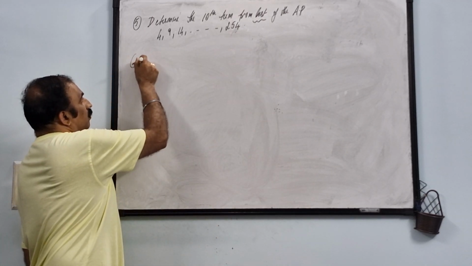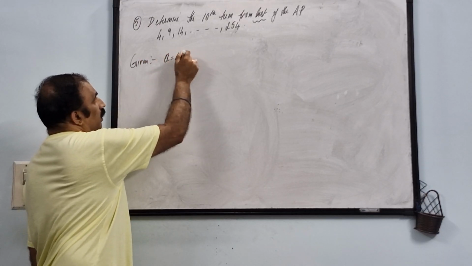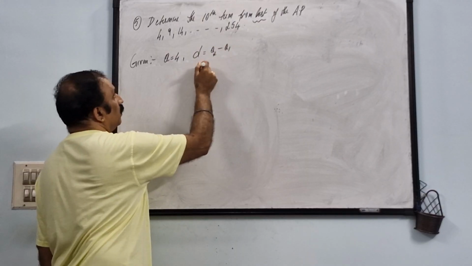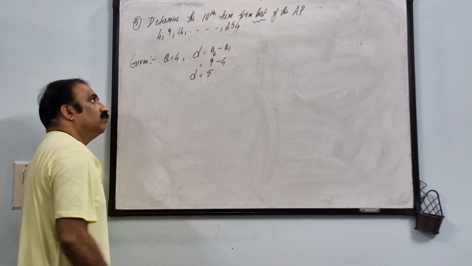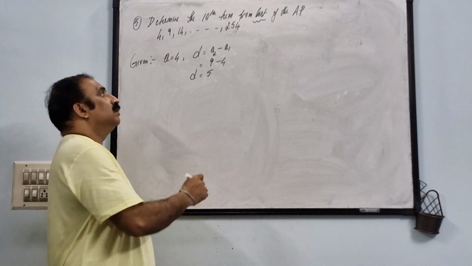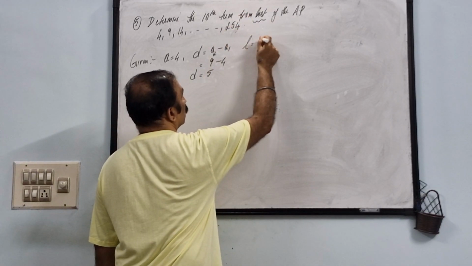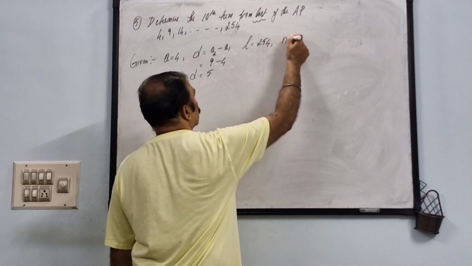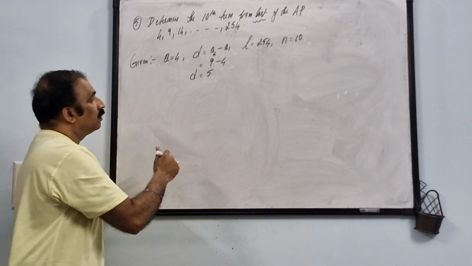So given a is equal to 4 and the formula d is a2 minus a1, 9 minus 4, d is going to be equal to 5. And the last term, particularly when you're finding this, we'll name it as l. l is equal to 254. And the number of terms n is going to be equal to 10. You have to find the 10th term from the reverse order.